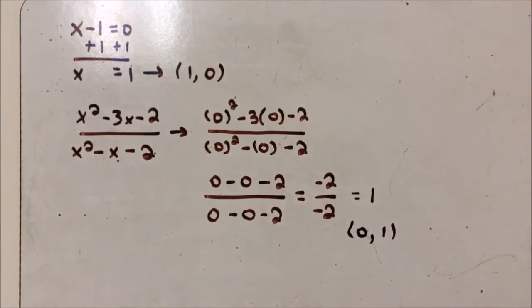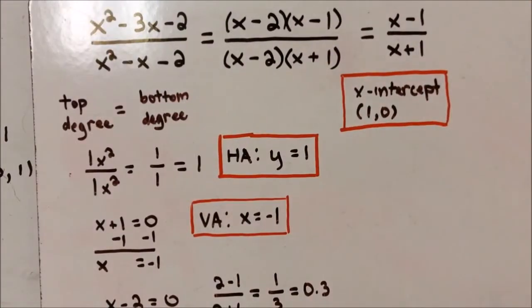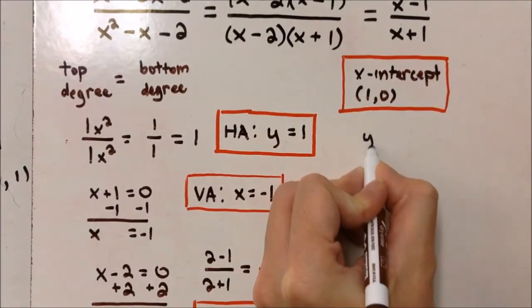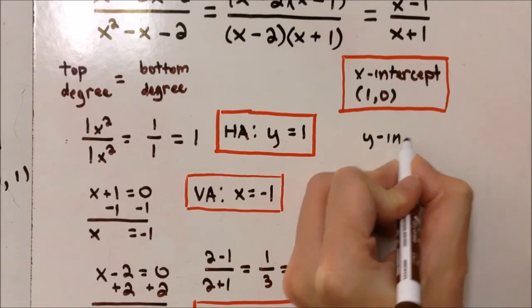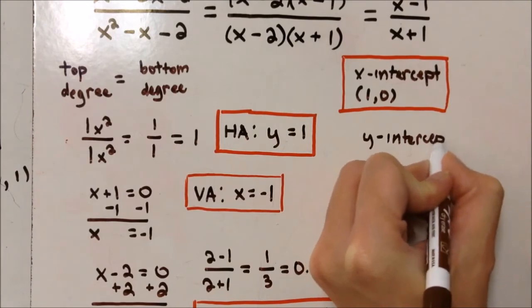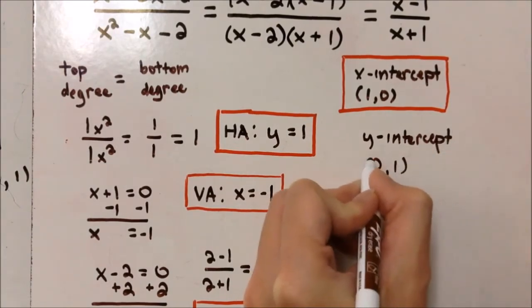So our y-intercept is 0, comma 1. And I'm going to write that here. Y-intercept (0, 1).